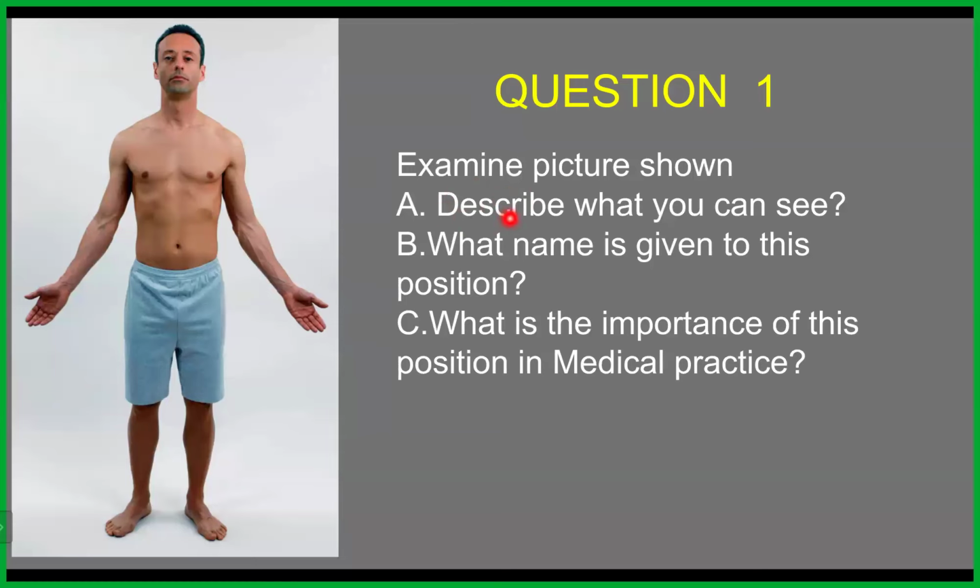So describing what you can see, the answer would be an adult male standing erect, face facing forward, hands hanging by the side, palms facing forward, lower limbs parallel to one another, and the feet facing forward.